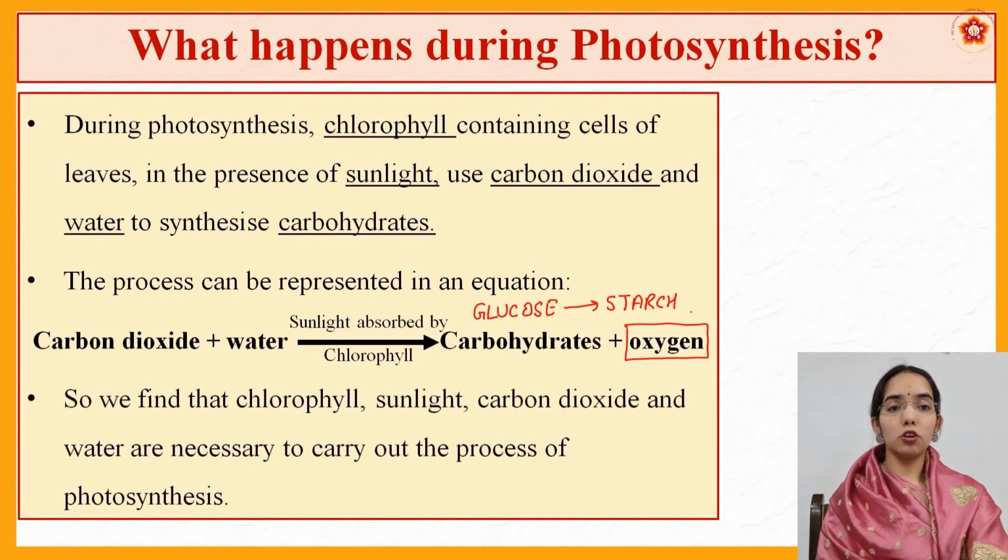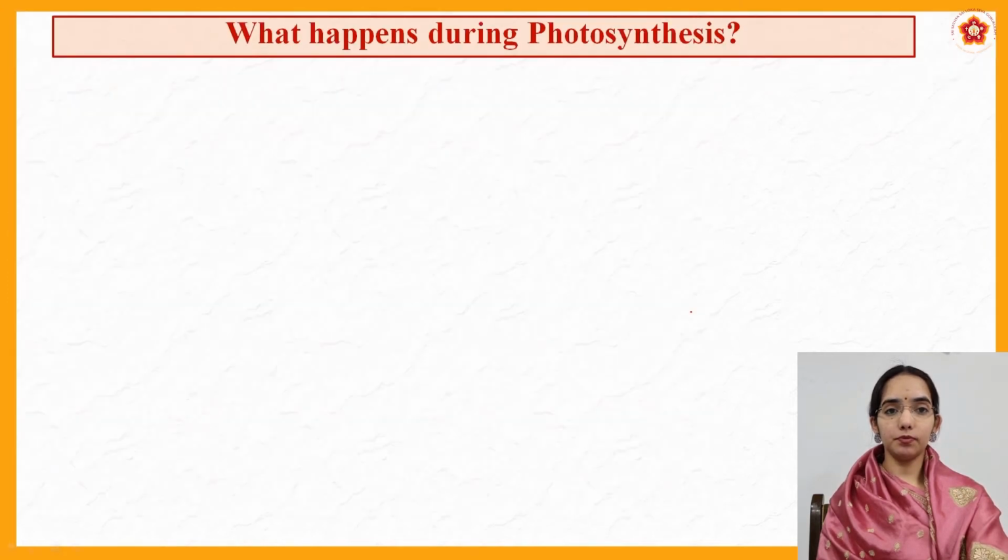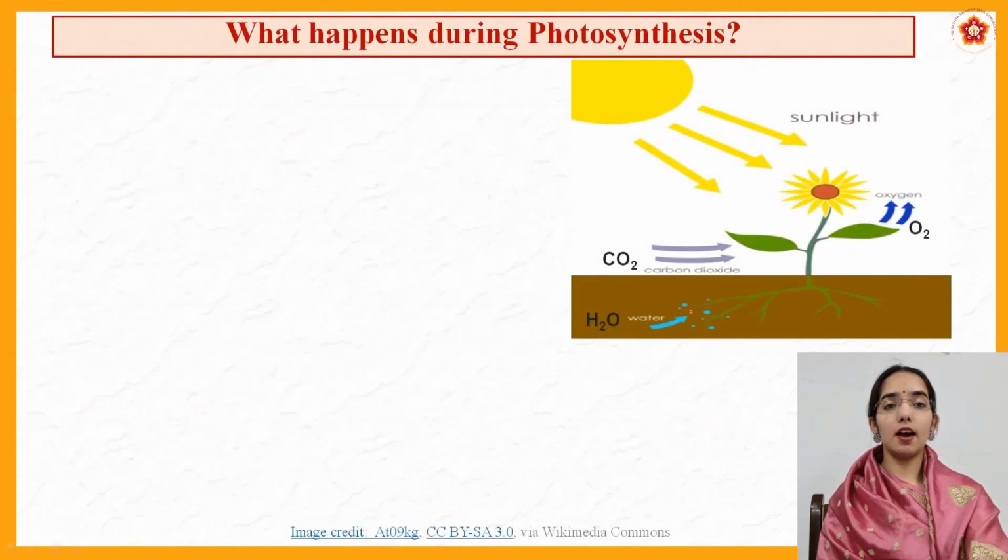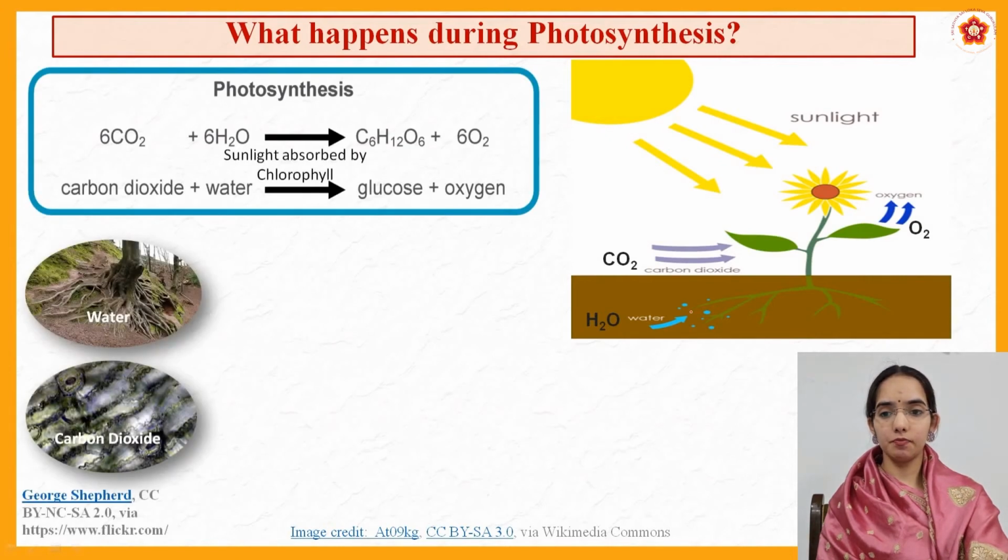So we find that chlorophyll, sunlight, carbon dioxide and water are necessary to carry out the process of photosynthesis. Even if any one of these things is missing, the process of photosynthesis cannot take place. Let's again have a look at what we had studied in photosynthesis.